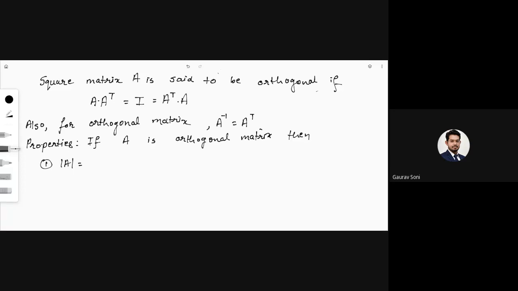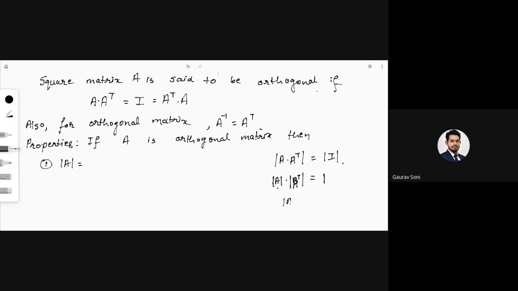Plus minus 1 is the correct answer because many of you have done JEE and you must be knowing that A into A transpose is equal to identity, so determinant of A into A transpose is equal to determinant of identity. Determinant of identity matrix is always 1. And we know that determinant of A into B matrix is determinant of A into determinant of B. And we also know by our previous knowledge that determinant of A is equal to determinant of A transpose.